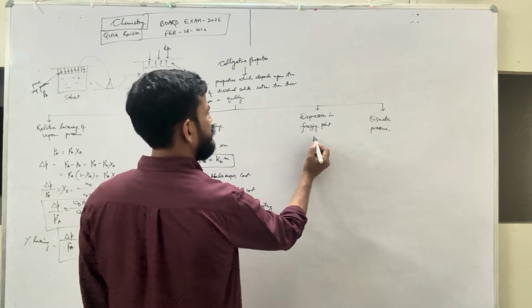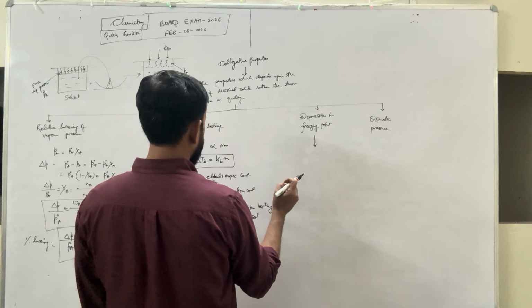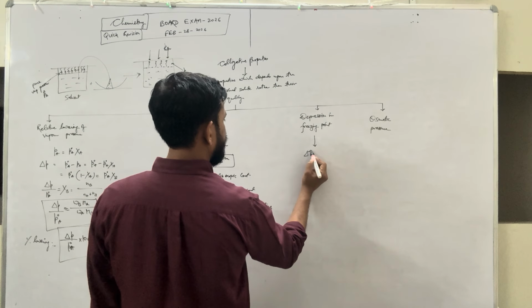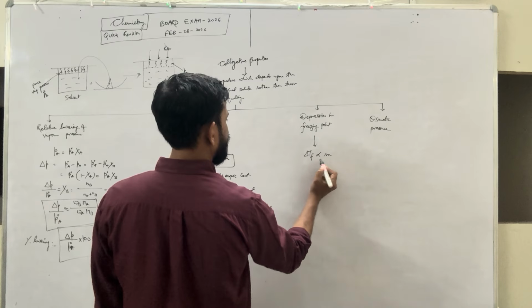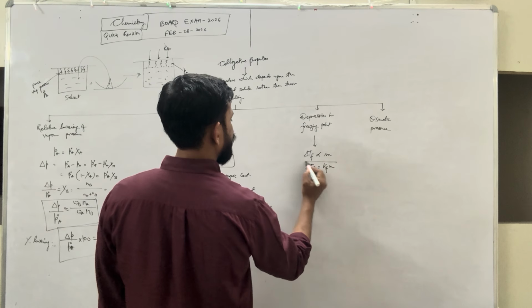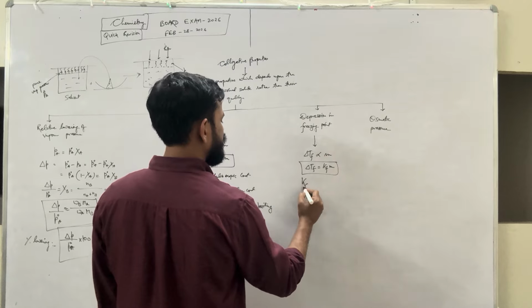Now come to depression in freezing point. This is also given by ΔT_f proportional to molality. ΔT_f equal to K_f into m. K_f is known as the cryoscopic constant.